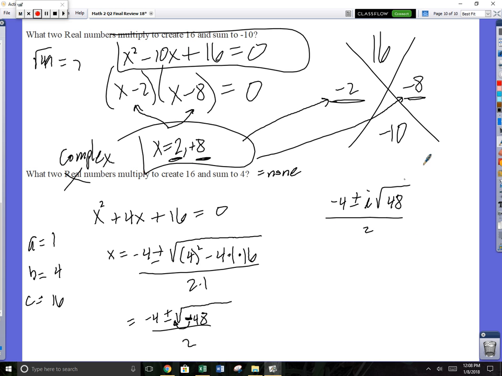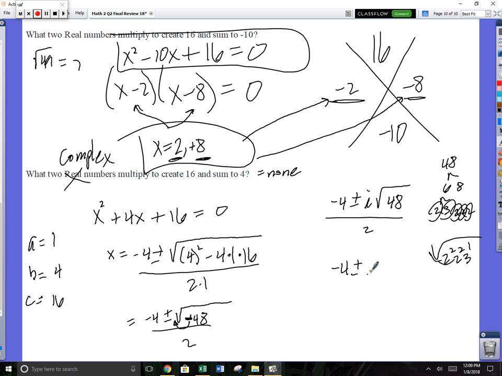Okay, here we go. 48. Now let's bust up 48. Take all the squares out of 48. So 6 times 8, that's 2, done. 3, done. 2, 2, 2, done, done, done. So in 48, we have 2 squared, 2 squared, 3, 1. So 2 is out, 2 is out. So you have got the square root of 48.